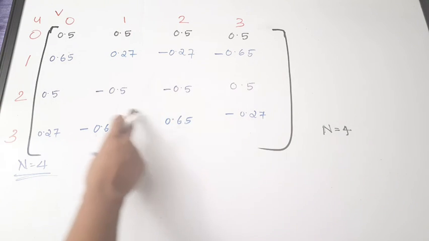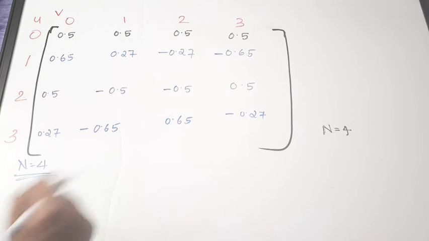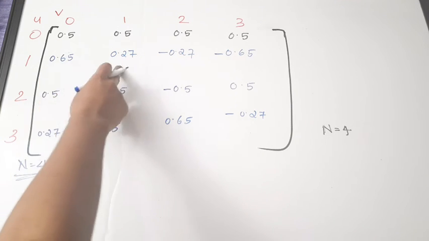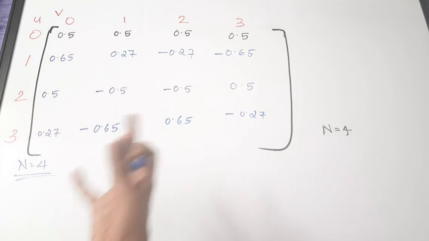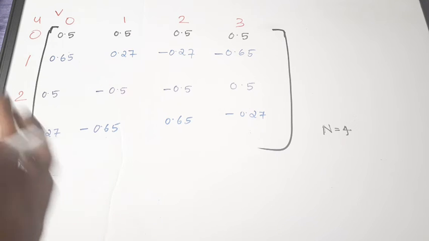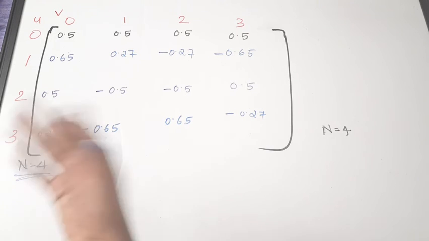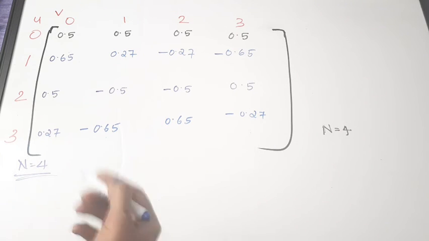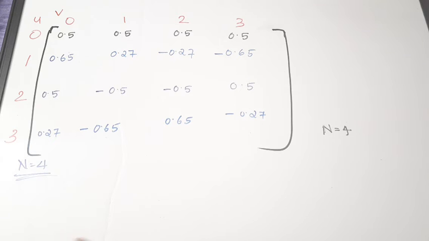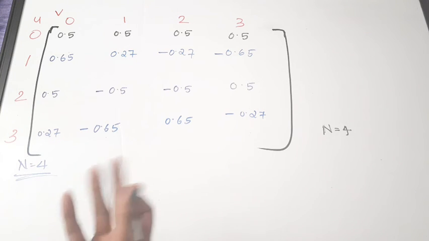All are 0.5, but the middle two elements are negative. These values we get by putting the values of u and v in the expression we discussed just before. You can either put in the values of u and v, or you can just remember it because it is very easy.